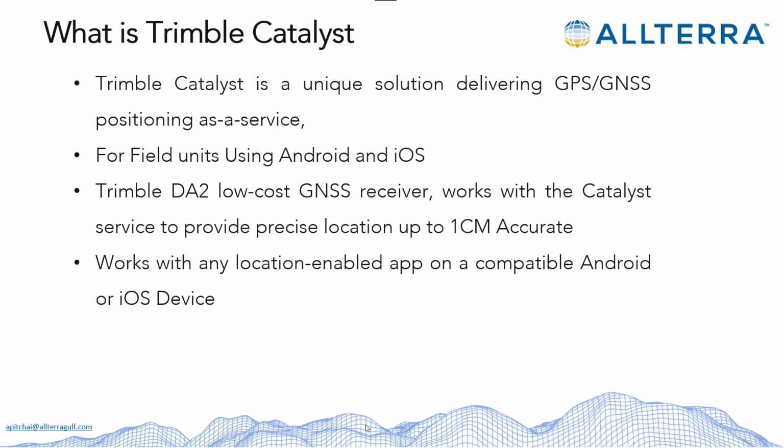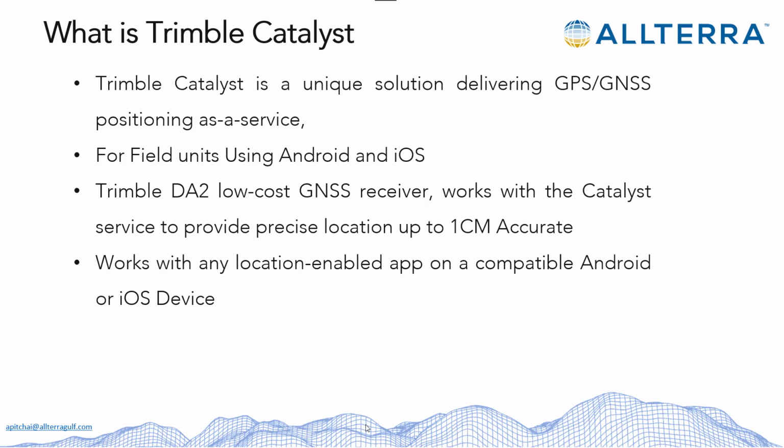In conventional GPS you have a receiver and a chipset which process the received signals and gives you the positional information. When it comes to Catalyst, you have software that is running inside your Android or iOS devices which acts as a receiver and gives you high accuracy position information, same as any conventional GNSS receiver.